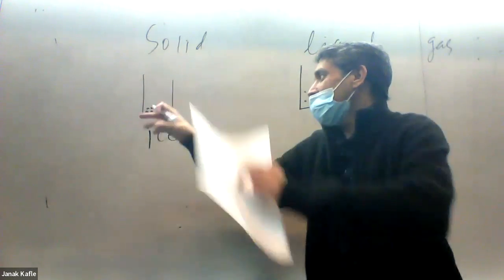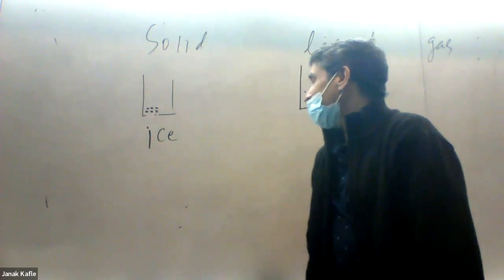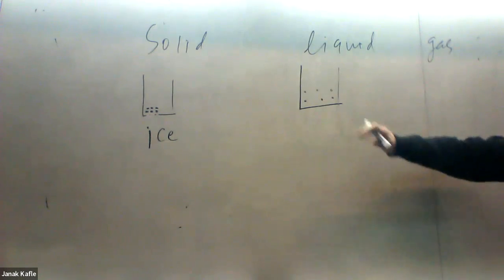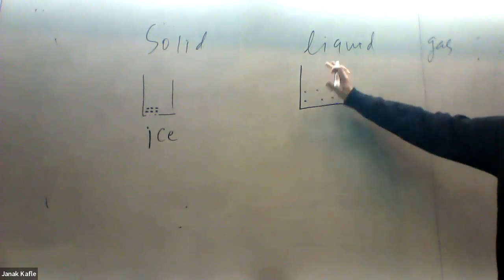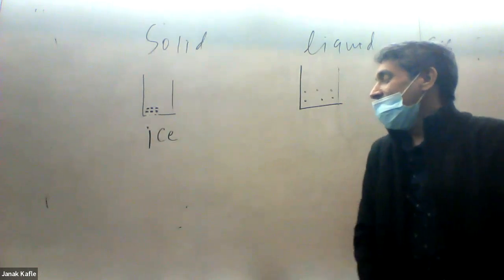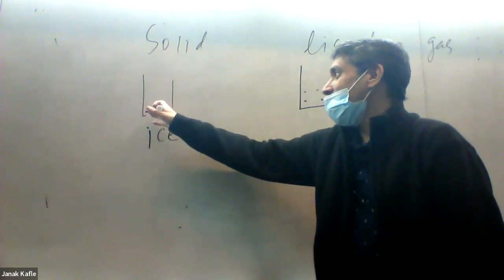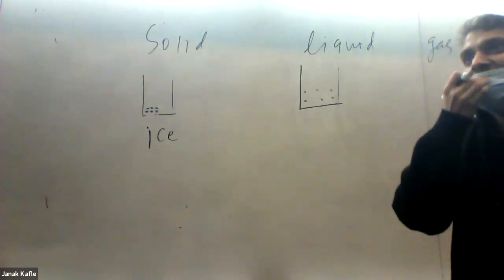So they are pulling with a certain kind of force with each other, and these particles are not moving fast. But here, the interparticle distance in the liquid is large, so they can easily move from one another. So you cannot separate ice particles easily, but you can easily separate these water molecules and pour them in another beaker, right?